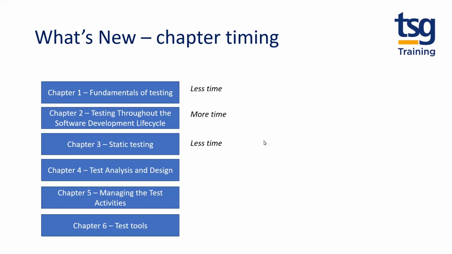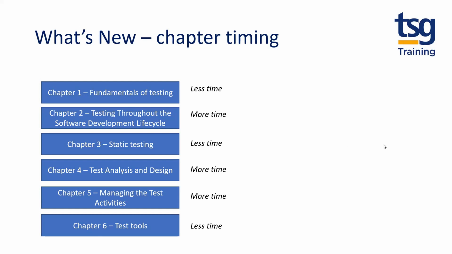The emphasis on static testing has been reduced, so there's less time there, but there's more time on test analysis and design. So it's not just test techniques now, and also more time on managing the test activities and less time on test tools. So the emphasis has been changed, and I'm going to go through exactly what's changed in a bit more detail.